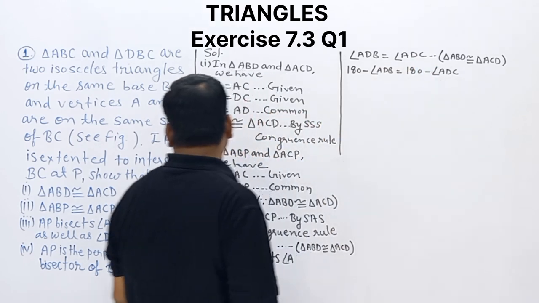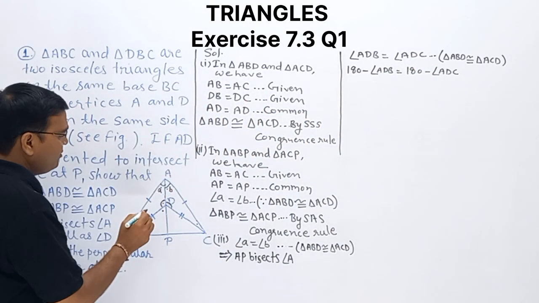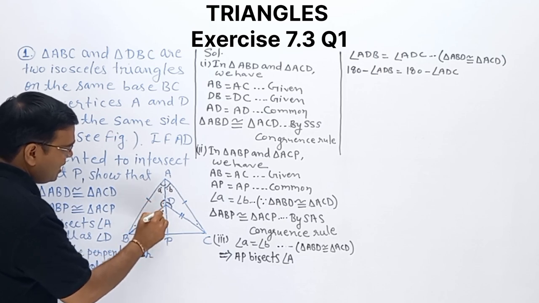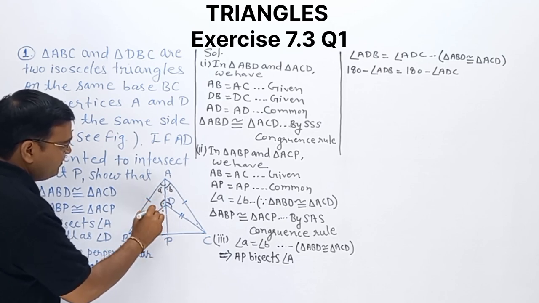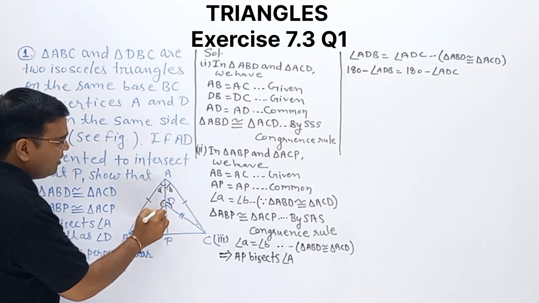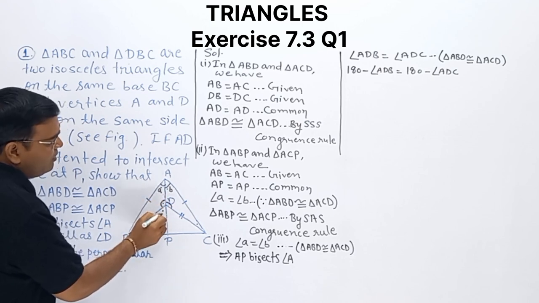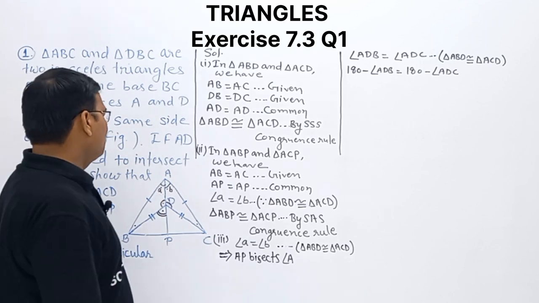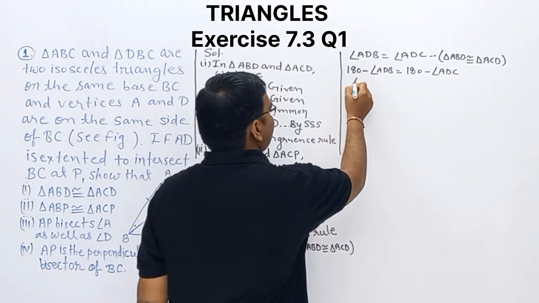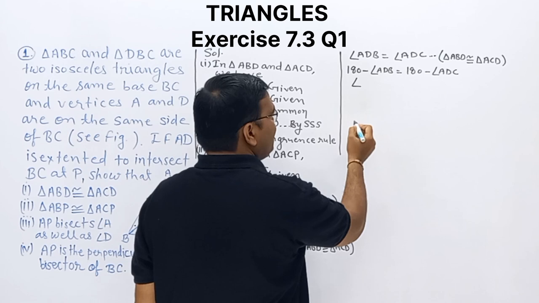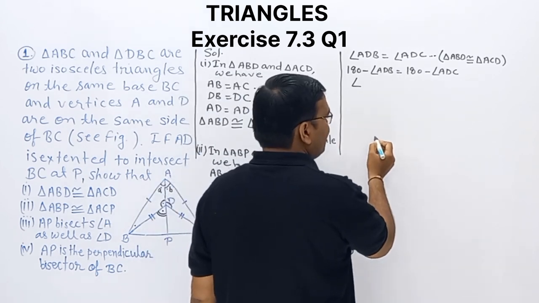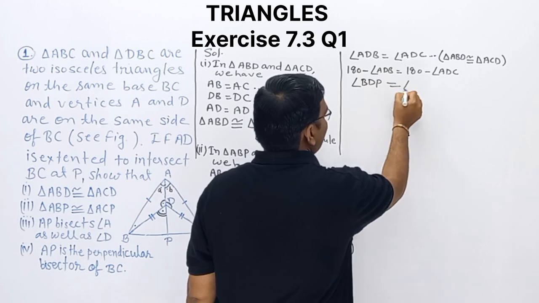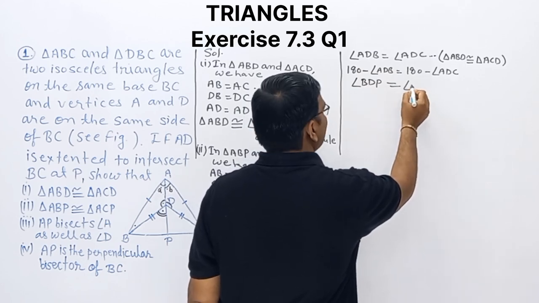At this straight line the total is a straight angle, so 180 minus this one gives this angle. So we get angle BDP equal to angle CDP.